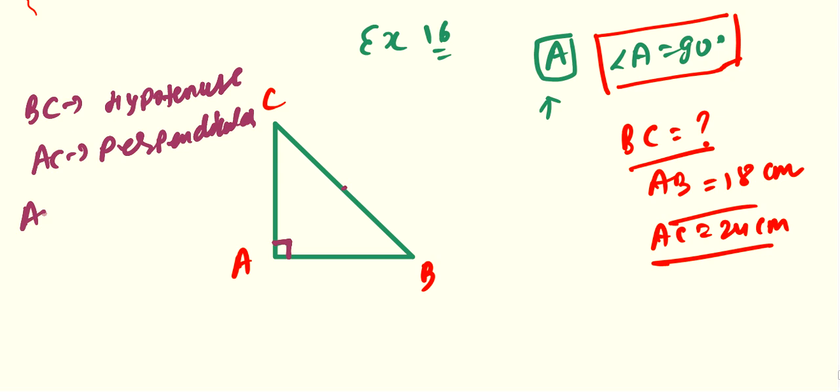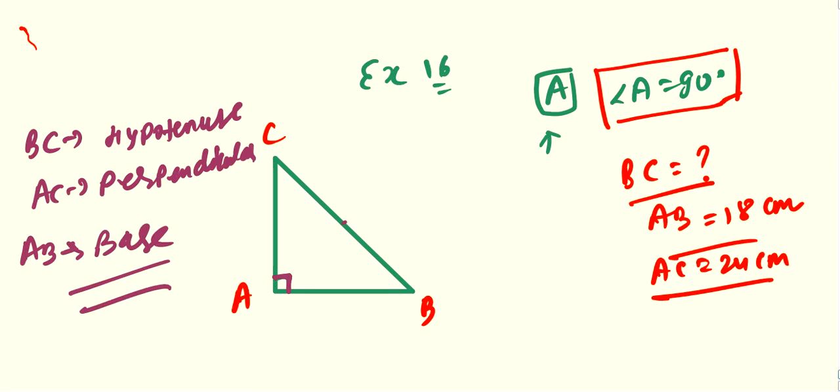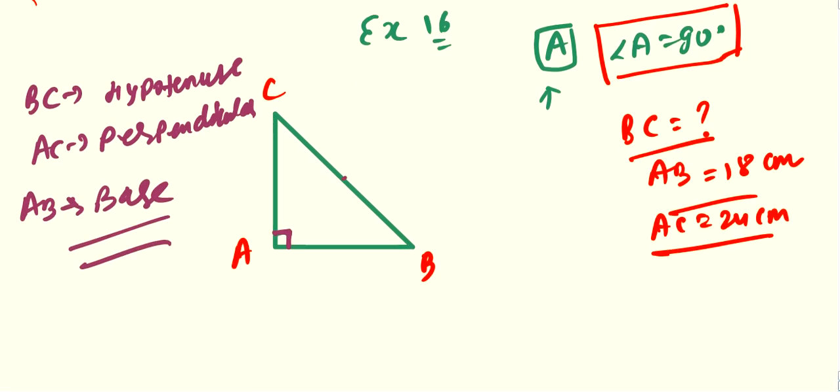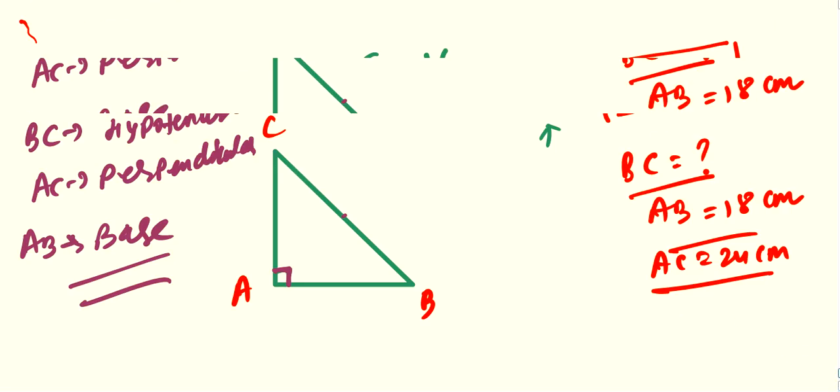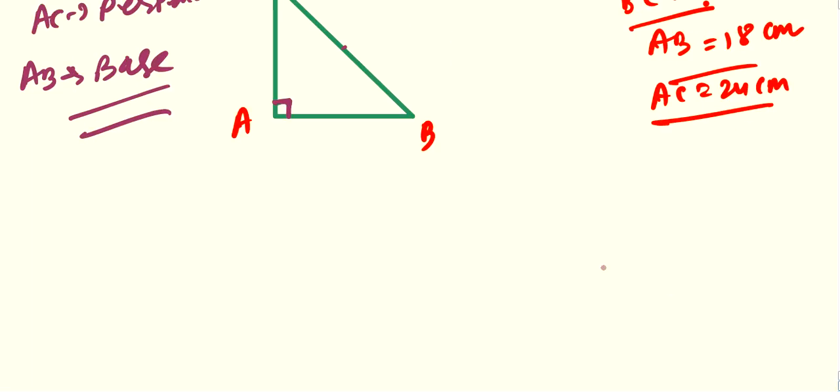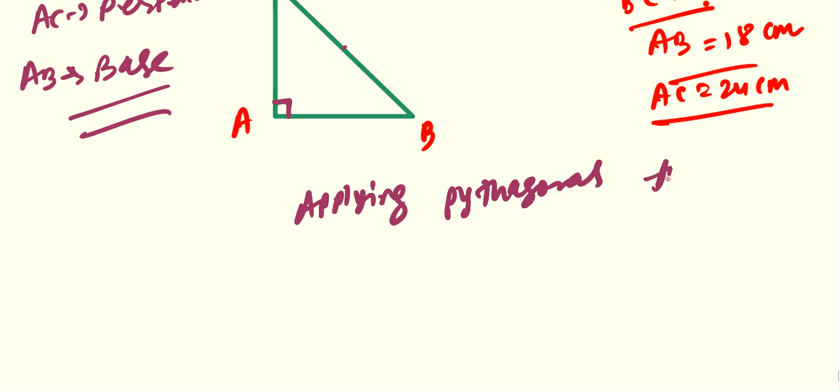Then AB will be base. Now as you know, we have to apply Pythagoras theorem here. So you have to write that applying Pythagoras theorem.